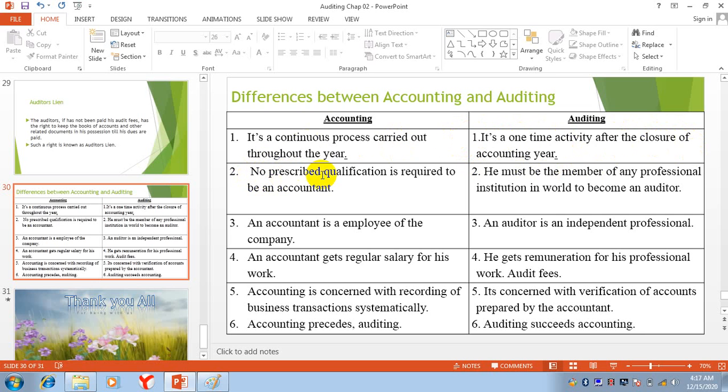Number two, no prescribed qualification is required to be an accountant. If you have knowledge of accounting, you can be an accountant. In a company, if you have some knowledge of accounting, you can maintain the books of accounts, so you can be an accountant.